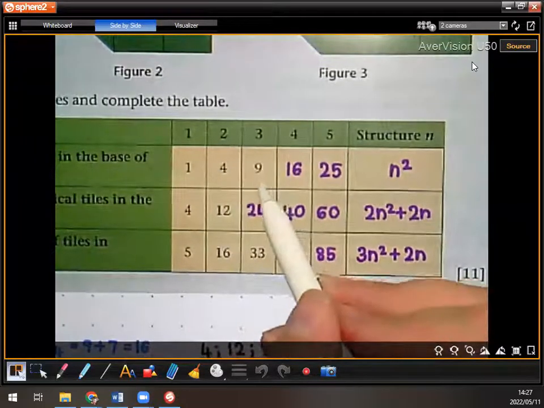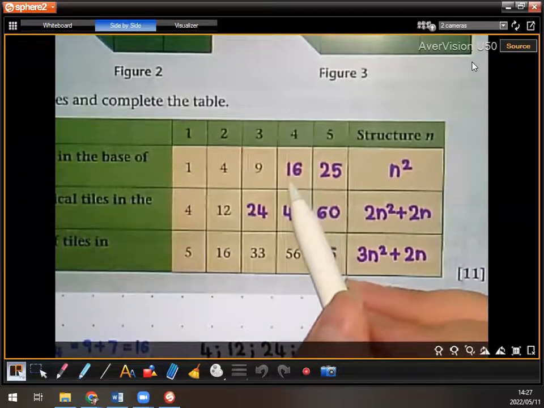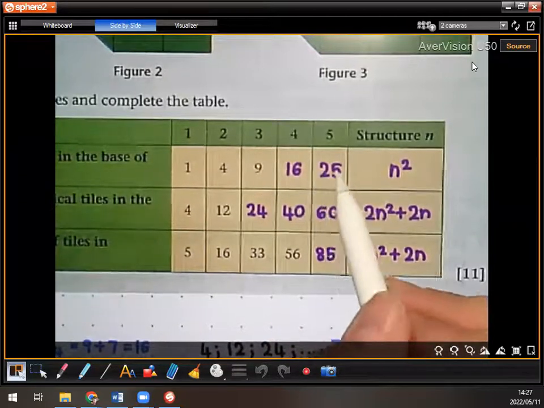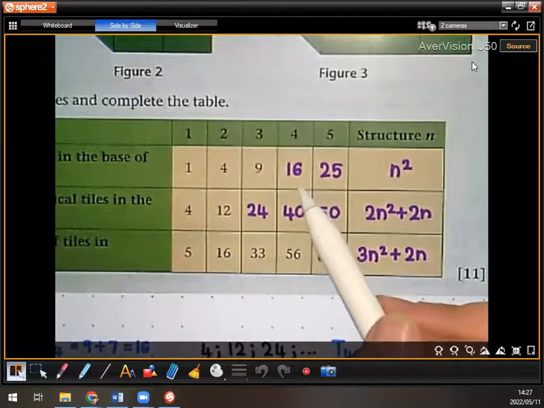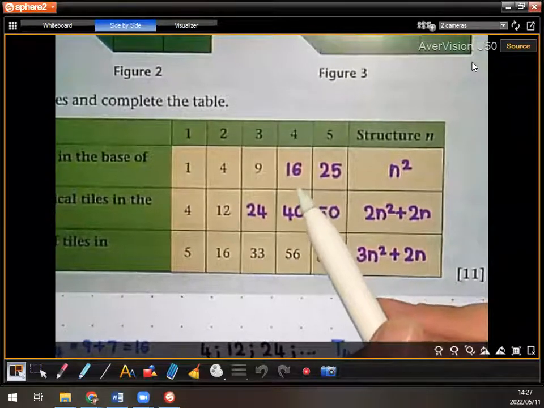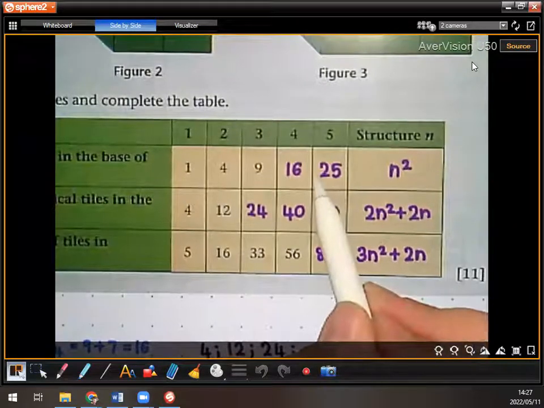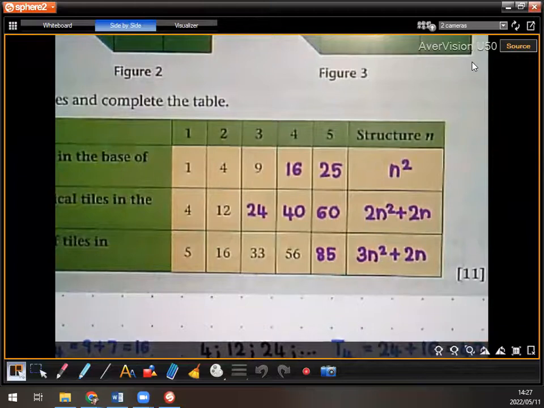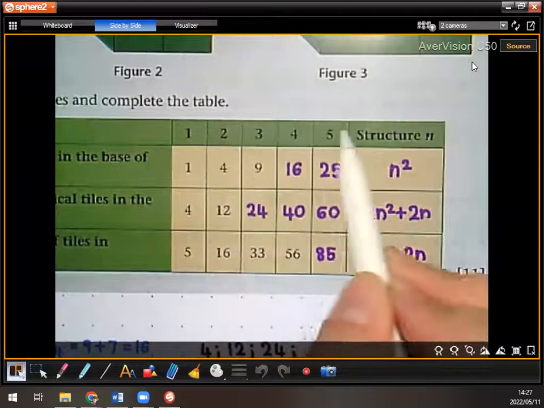For figure 3, what's 3 squared? 9. 4 squared is 16. 5 squared is 25. So guys, without doing that long calculation of getting your an squared plus bn plus c, you can actually see that for this number pattern, what we're doing every time is we are squaring the term number, the figure number.